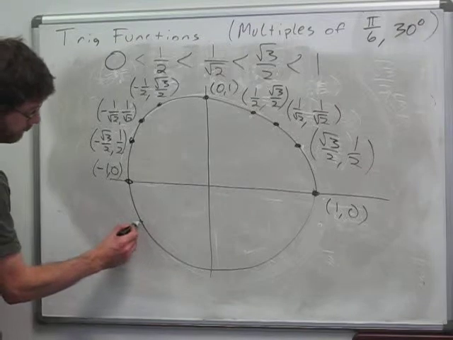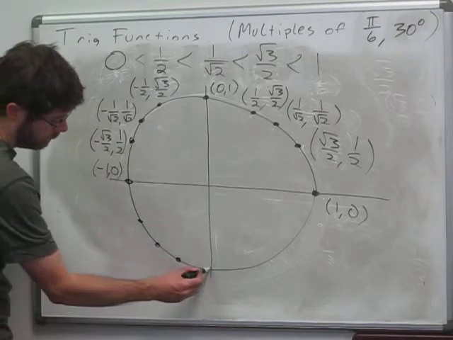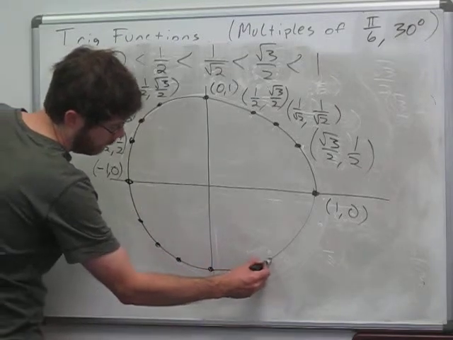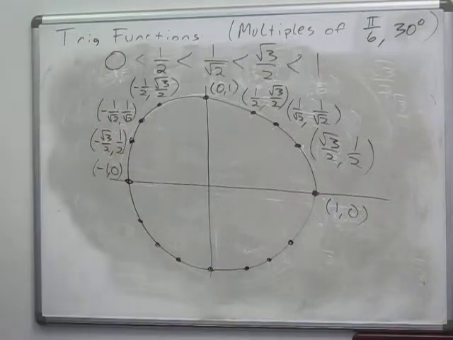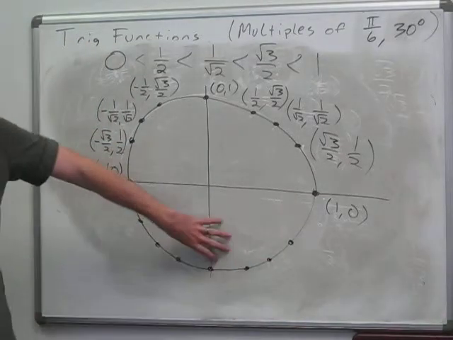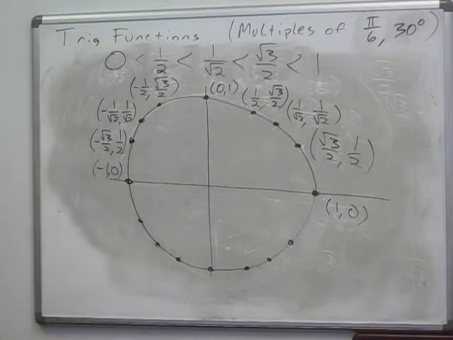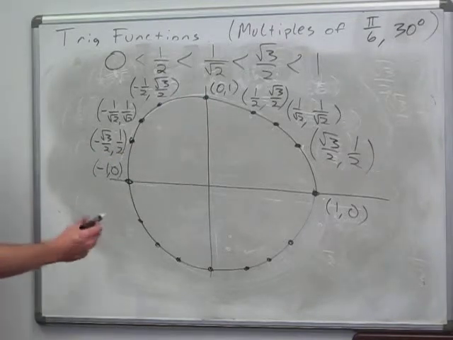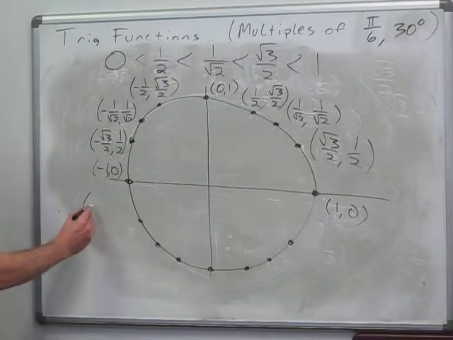So for the bottom half, I'm again going to use the symmetries of the circle, realizing that the bottom half should just be the mirror copy of the top, right? So I'm going to make all my y-coordinates negative.